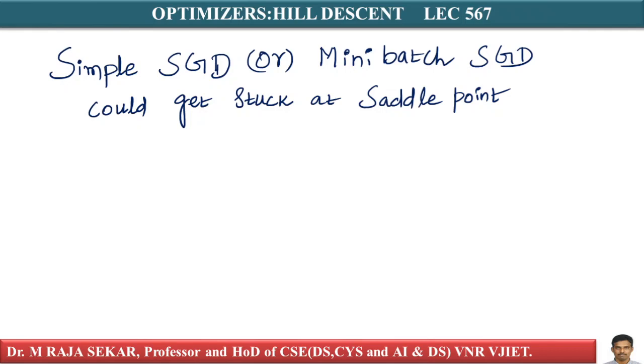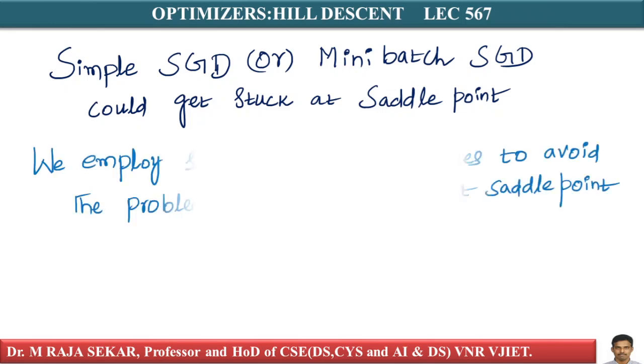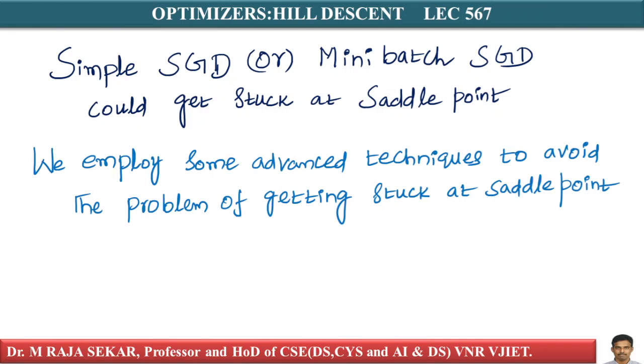It does not always get stuck, but it may get stuck at a saddle point if you just employ mini batch SGD. And hence we employ some advanced technique to avoid the problem of getting stuck at saddle point.